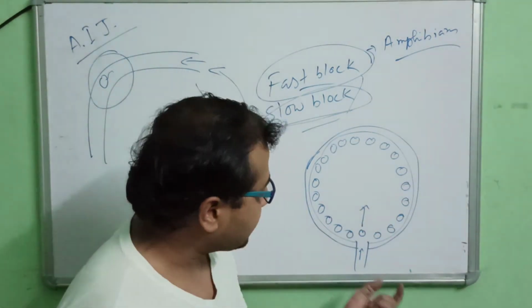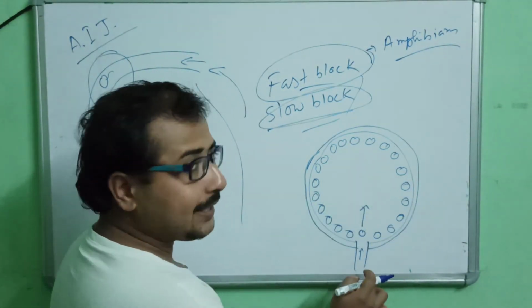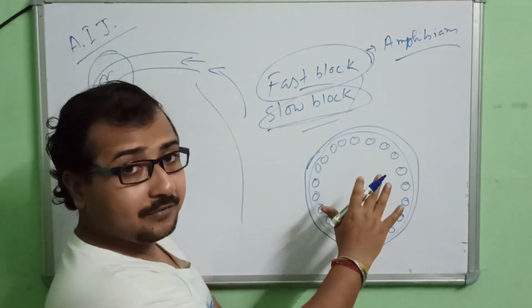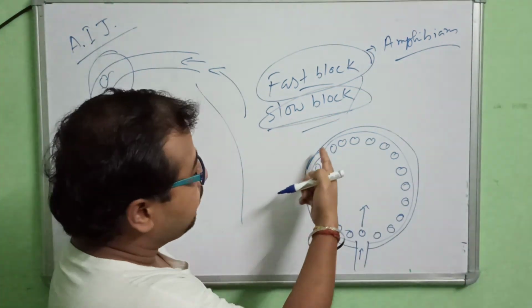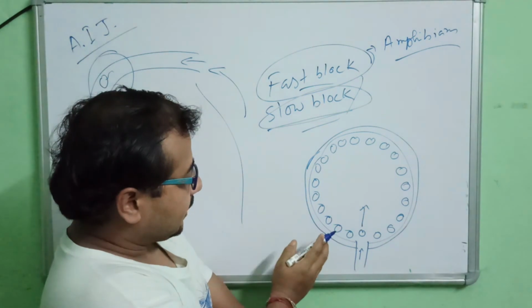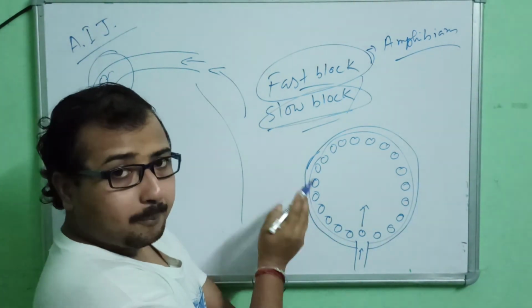But first, before the enzymes are released, the cortical granules which are towards the periphery are not attached to the membrane. If you look at the diagram, they are near the periphery but not attached.